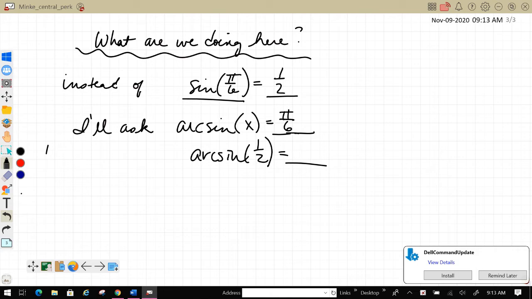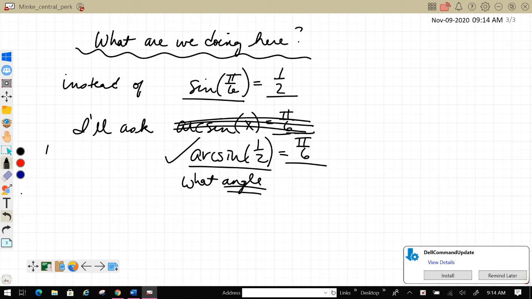And yes, you would answer pi over 6, because as soon as you see this side, your brain should think, what angle? These are always angle questions. What angle has a sine value, or a y value, of 1/2?